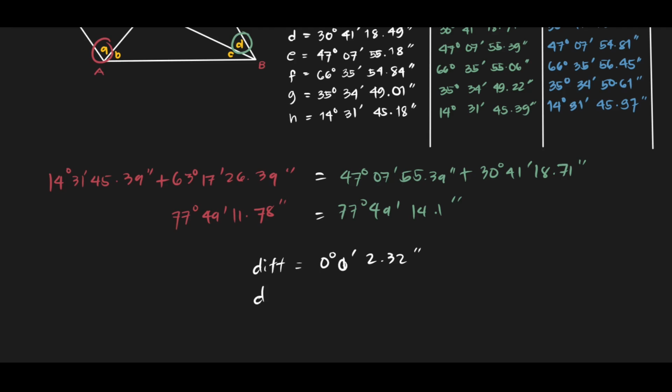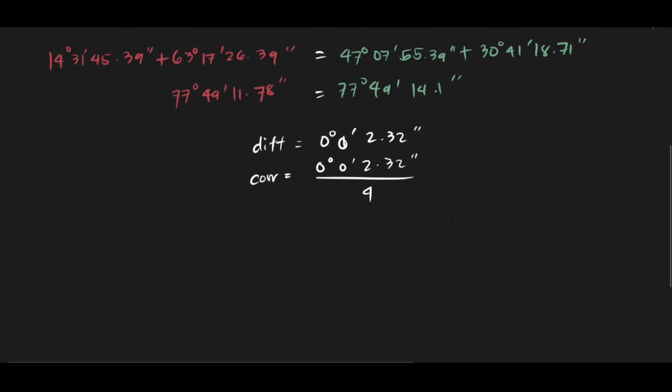Now for the correction, we divide this difference by 4. Okay, so we divide them equally. So what will be our correction? The correction will be 0 degrees, 0 minutes, 0.58 seconds.